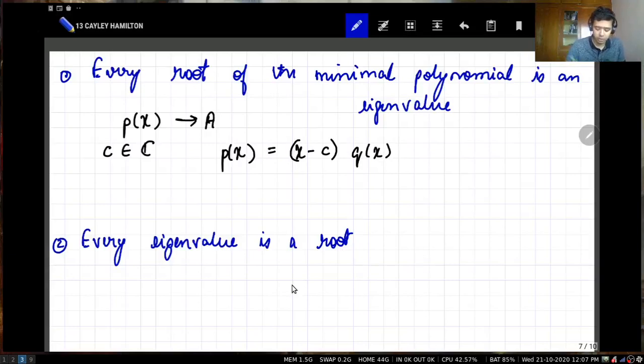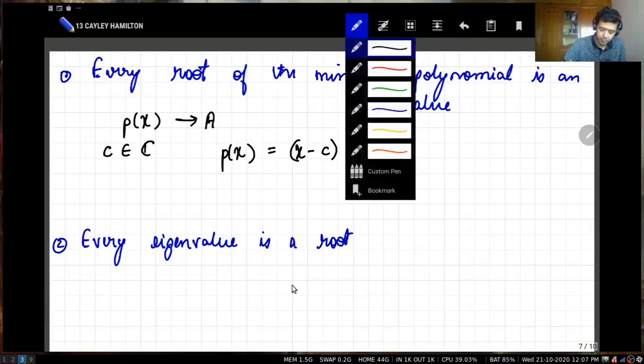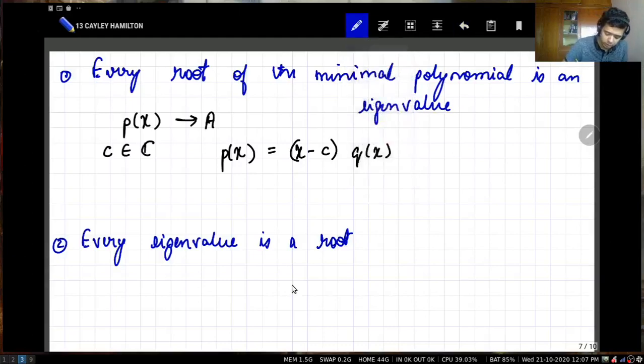So assuming that P of x has degree m, Q of x will have degree m minus 1, right? So Q of x is some polynomial, and Q of x has degree m minus 1. P of x is the minimal polynomial of A, right?